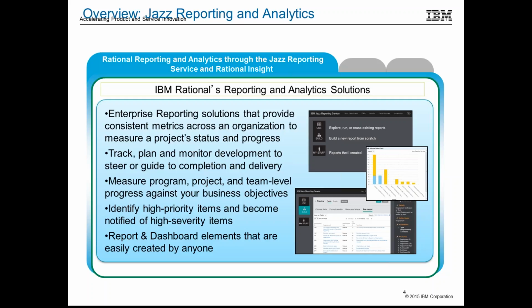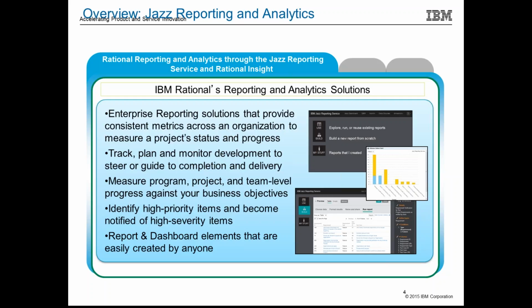You can export the report, and in just a minute, I'll talk to you about one of our latest capabilities, which is being able to embed the report into the product itself. You'll see an example of this with Rational Team Concert's Quick Planner. This is just an example of the way in which we'll be able to present many of our reports moving forward for other products that start using the JAS reporting service in the future.